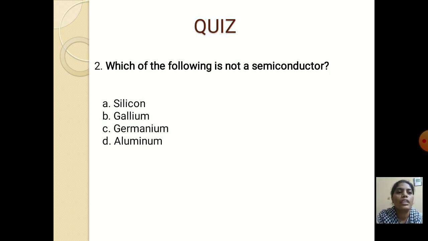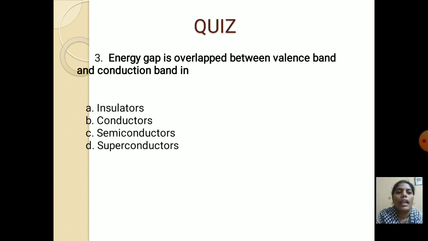Which of the following is not a semiconductor: silicon, gallium, germanium, aluminium? Aluminium is not a semiconductor. Energy gap overlapped between valence band and conduction band: is it in insulators, conductors, semiconductors or superconductors? It is in conductors.